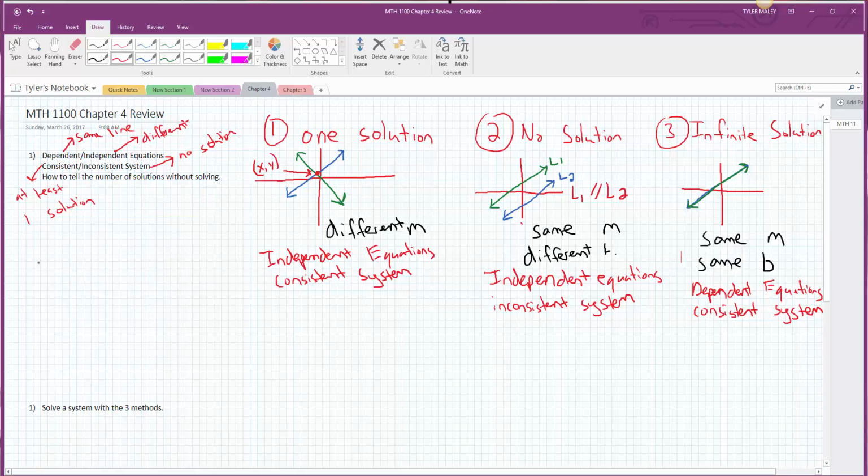So we could do something like 3x plus y equals negative 14, and 4x plus 3y equals negative 22.